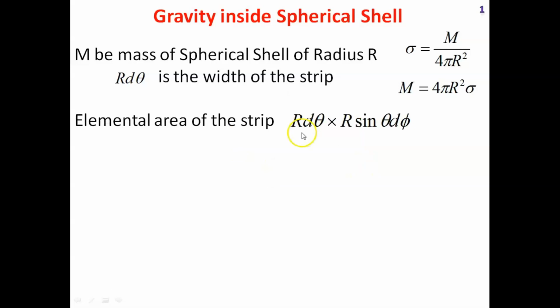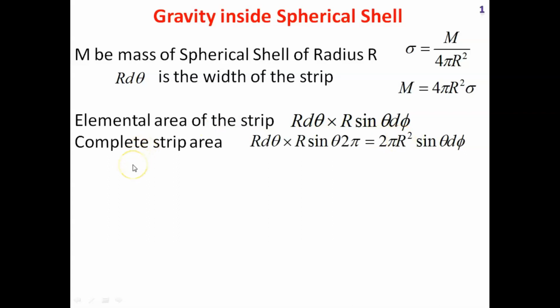Our spherical shell being of radius capital R, the elemental strip area is R d theta into R sin theta d phi. The complete area of the strip will be R d theta into R sin theta. Here I am replacing d phi by 2 pi, so phi is making a complete rotation about itself, and it will be 2 pi R square sin theta d theta.